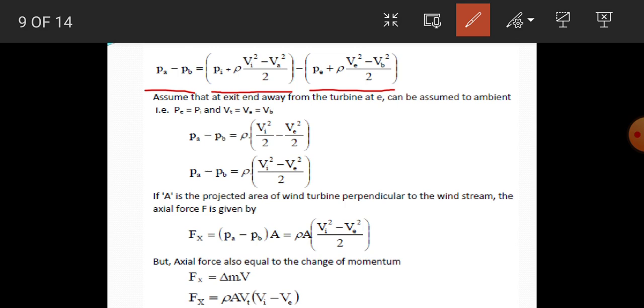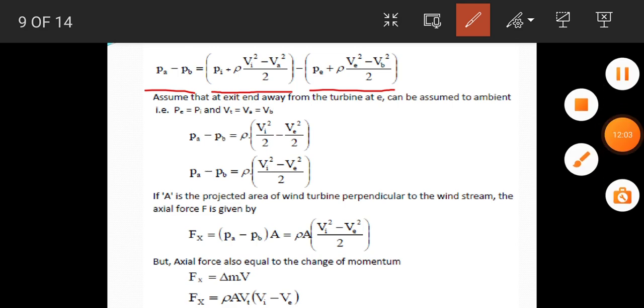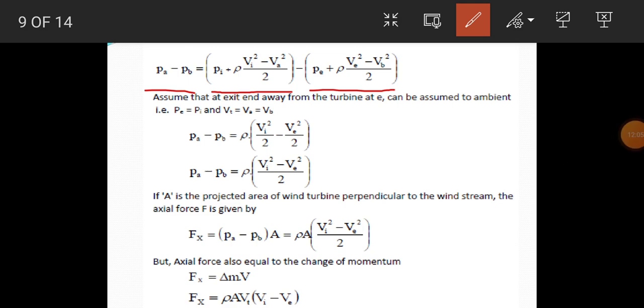So assume that at the exit of the turbine at E, the pressure PE will be PI. So at exit, we are considering that the pressure is recovered, so exit pressure and inlet pressure are the same.